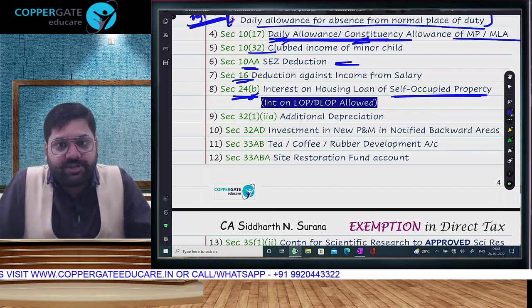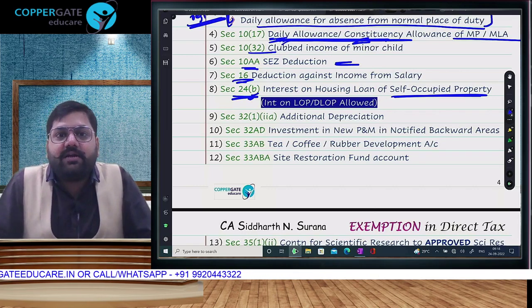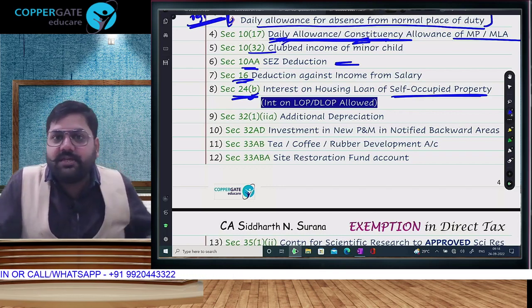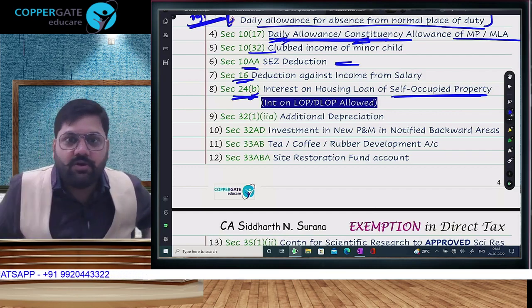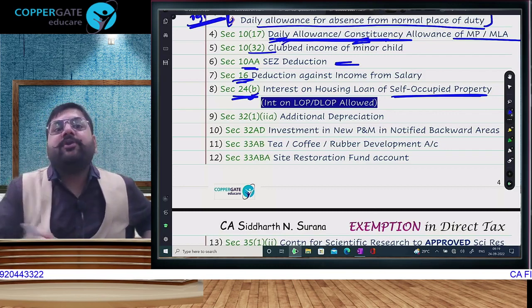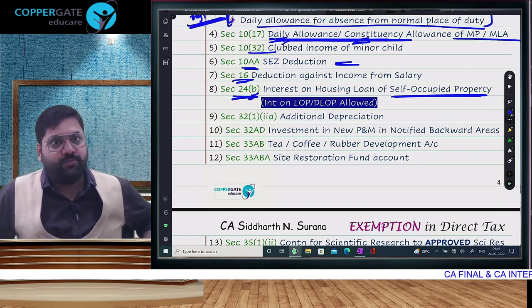And you know what is the logic, for those interested in knowing? In self-occupied property, we don't show any income. We take the income as 0. NAV equal to 0. If NAV is 0, standard deduction of 30% of NAV will be 0. You can check on your calculator. 30% of 0 is 0. So no need to mention standard deduction. But there will be interest deduction in SOP.